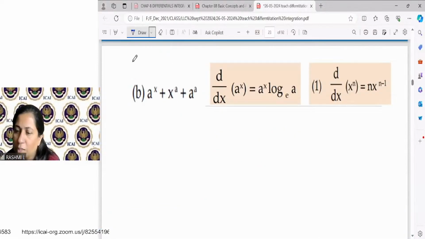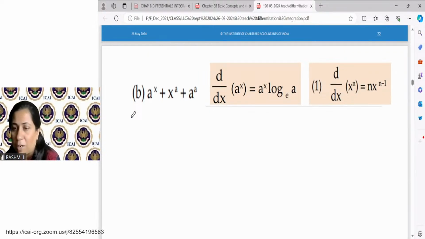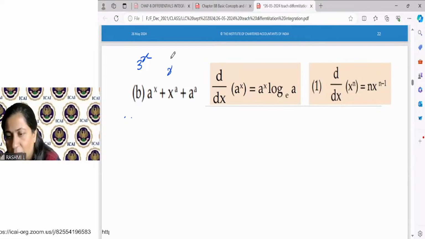Now, this is an example I am particularly taking. Why? Because sometimes in a hurry we may apply the wrong formula. This is a raised to x, so for example 3 raised to x. x raised to a means, for example, x cube.